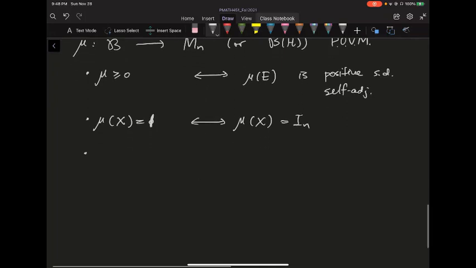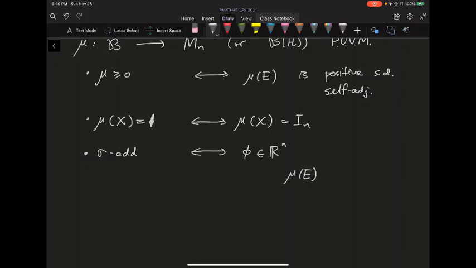And finally, you have something called sigma additivity. In the classical case you have sigma additivity, and in the positive operator valued case, it's basically the following, an idea you may see in quantum mechanics. Let's say everything is n by n matrices. You take an n-dimensional vector phi that corresponds to an experiment.